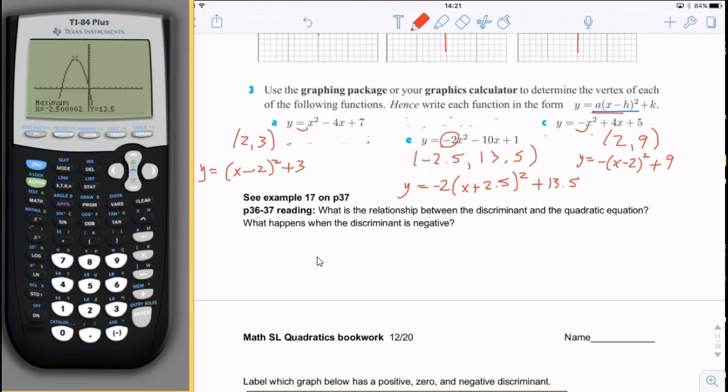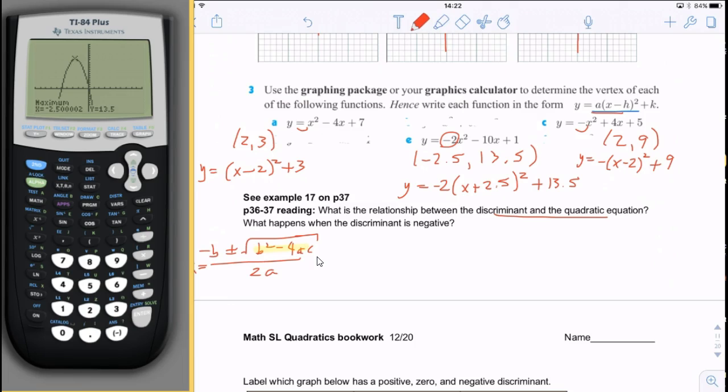And then last thing here on page 36, 37 reading, it does ask the relationship between the discriminant and the quadratic equation. Well, as you might have noticed, the quadratic equation has b squared minus 4ac inside the radical sign, or the square root sign, and it turns out that this part is the discriminant. Okay? What happens when the discriminant is negative?